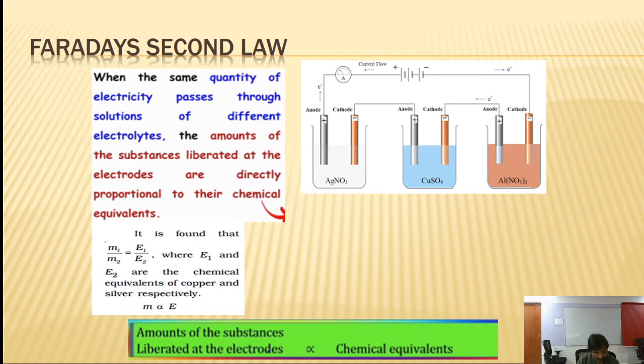Suppose here we are keeping the same amount of charge supplied through different kinds of electrolytic solutions. Same amount of charge is supplied.